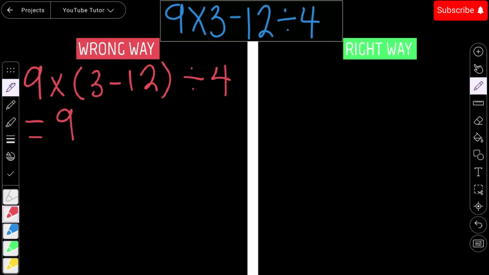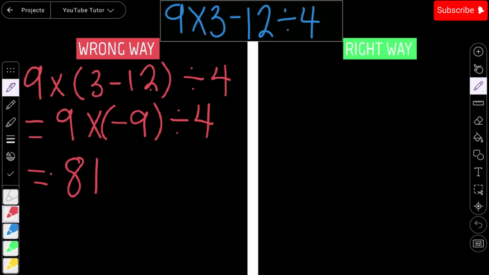Then times 3 minus 12 gives us negative 9. So this negative 9, we are compelled to put it in parentheses and now divide by 4. So 9 times negative 9 ends up giving us what? 81. Negative 81.